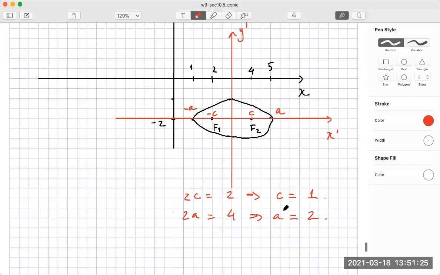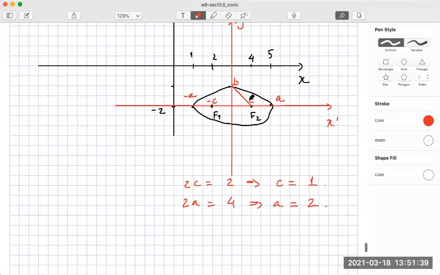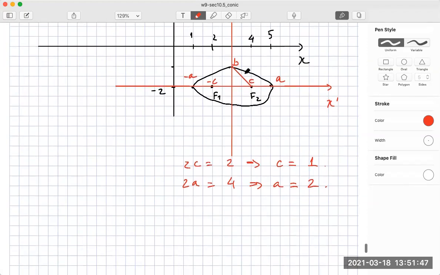We're given c and a, right? So can we find b here? Look at this triangle. What is the relation between a, b, and c? This is b, right? And this is c.